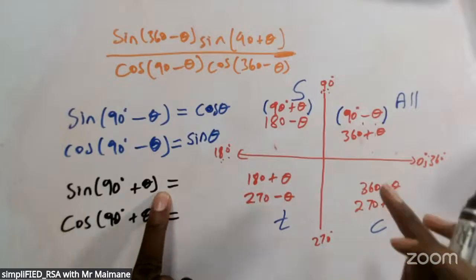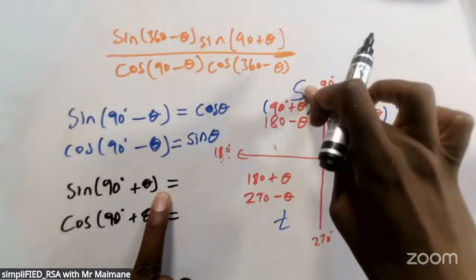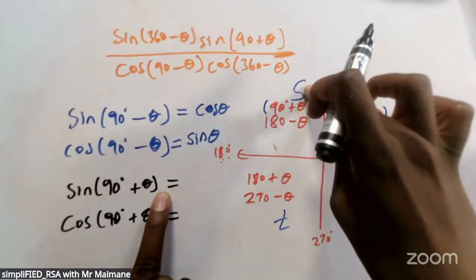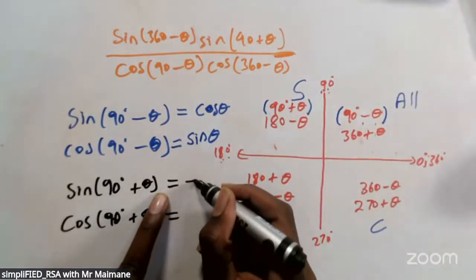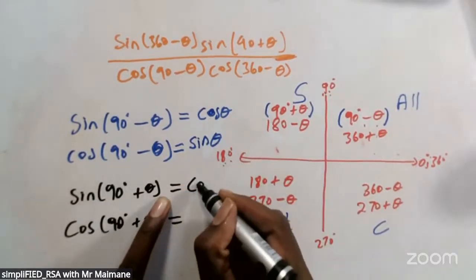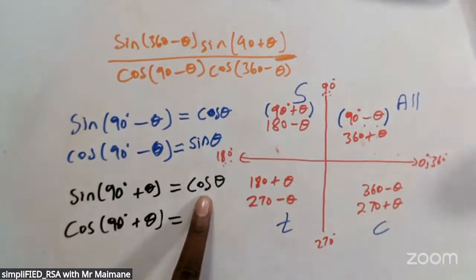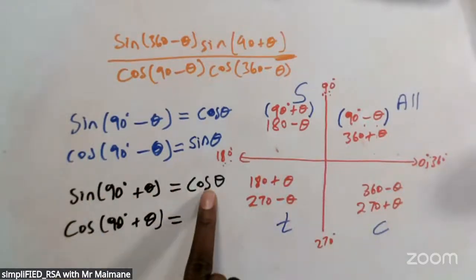It's about sine, and sine is positive there. However, it still has to change and become cos. So it would be positive cos theta, because in that quadrant it was about sine, which happens to be positive, although it changed to cos.